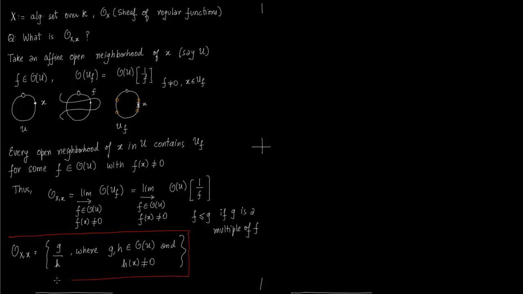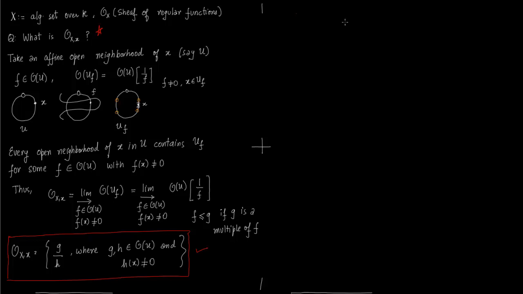Notice that g being a multiple of f is a necessity for decreasing neighborhoods. So basically the answer is in red. If anything comes up, you just need to think of it as just rational functions in the open set, and you just take it of the form g by h, where h is non-zero at x.